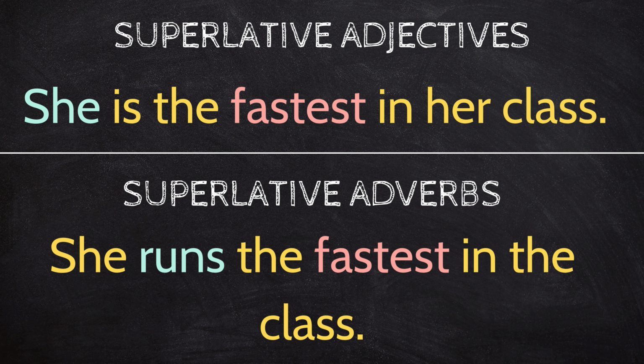In what manner does she run? She runs fast, but if we compare, then she runs the fastest in her class. So here the focus is on the word run. Run is a verb. Adverbs are used to modify verbs, right? That's why here fastest is a superlative adverb, while it was a superlative adjective in the first case.